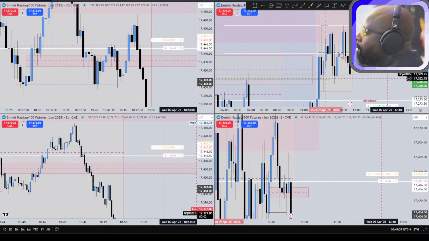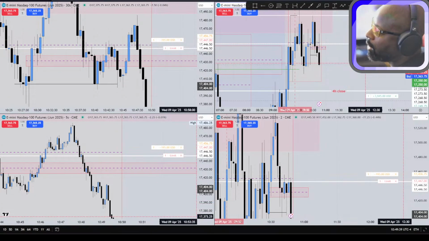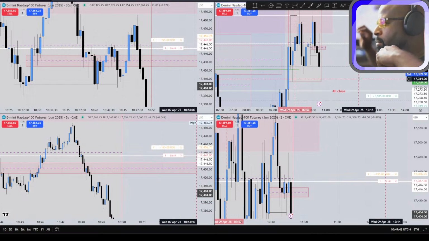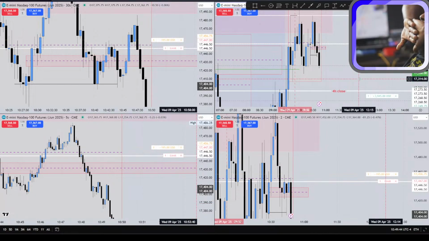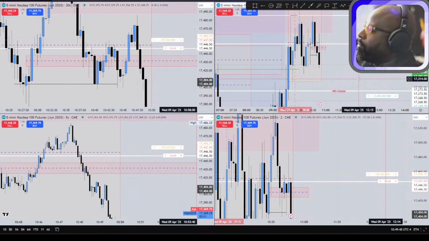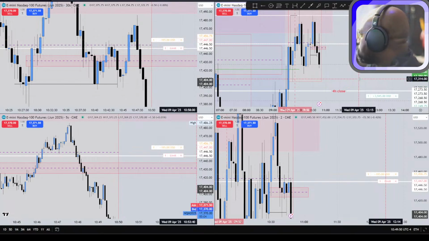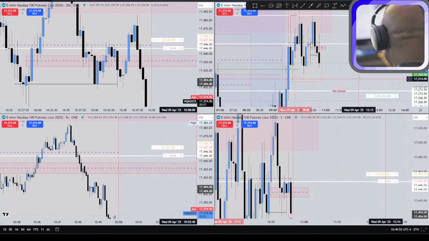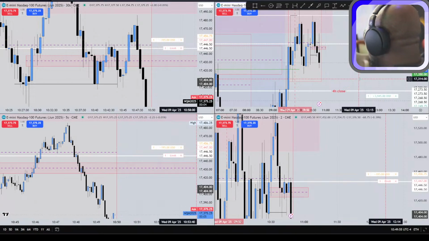Now, the idea that we're moving down first tells me what? It tells me that the macro could bring us back up to some gap or some PD array, because we spent all morning moving to the upside.